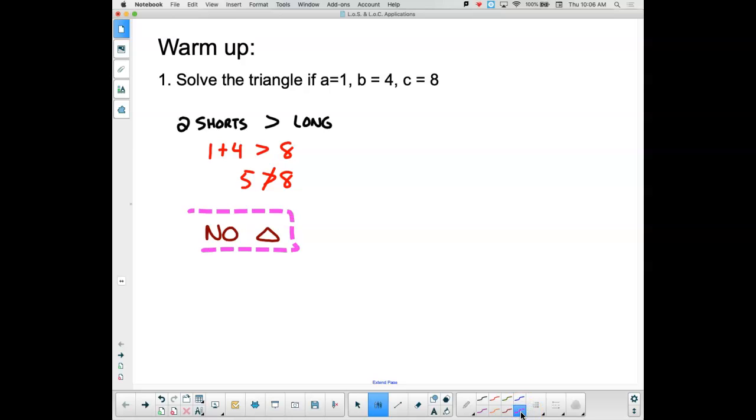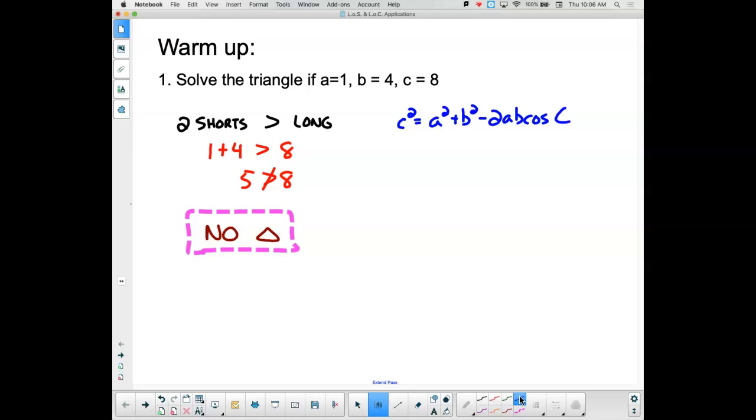Okay? Tricky, tricky, tricky. Now, let's say you didn't see that. Which angle should we solve for first? Solve for angle C first. So that's going to be a c squared equals a squared plus b squared minus 2ab cosine of C type of problem.